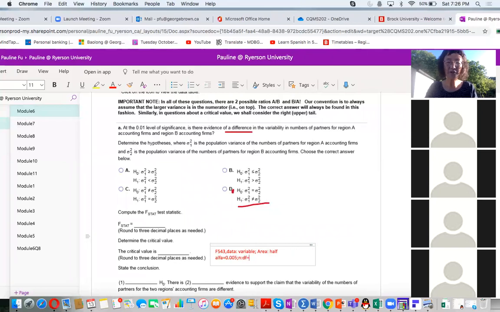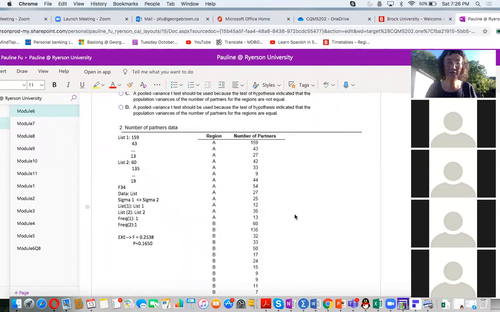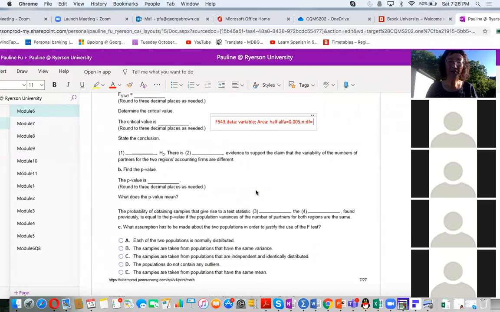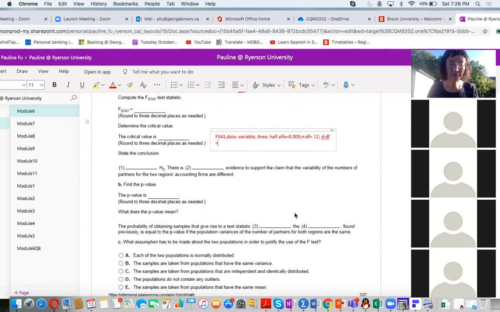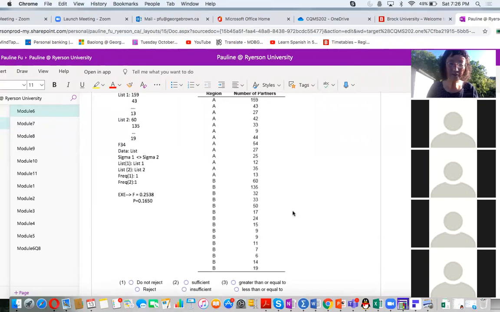NDF, degree of freedom for numerator, okay? So that is sample 1 size minus 1. If you count how many data here, sample 1, 13, okay? So 13 minus 1 is 12. Okay, and then DDF, you have to count how many data in B. 15.